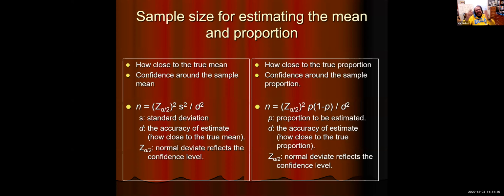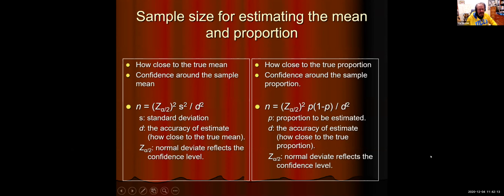That's the plus or minus that you create around the actual proportion from the sample. That's the plus or minus that gives you essentially the breadth of your confidence interval. So you can decide how precise you want to be in that regard. And so obviously, the better the precision, the larger the sample size.